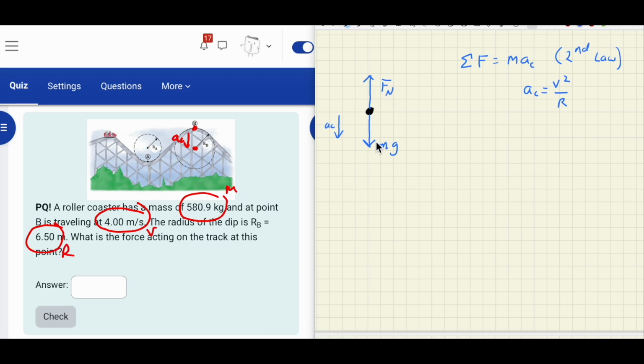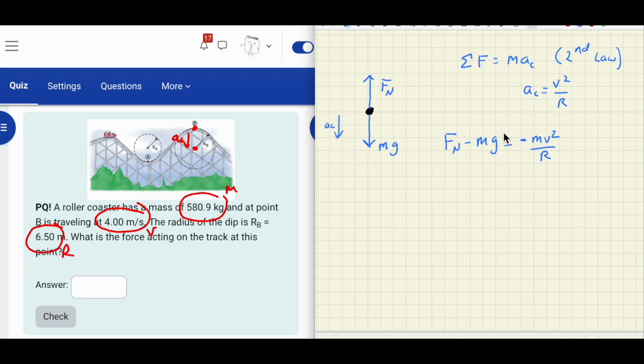So I have the normal force pointing up, the weight pointing down, so that means Fn minus mg must be equal to minus mv squared over r. And again, it's important to note that the centripetal acceleration is pointing below the roller coaster, so it has to be in the negative direction.